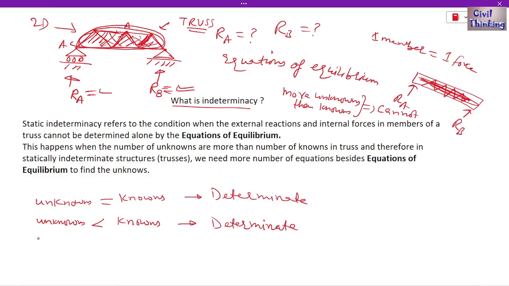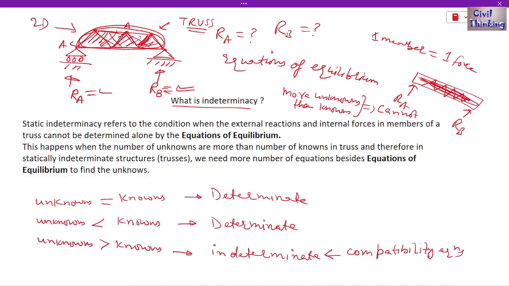Now when unknowns are more than knowns, for example the support reactions are more than the equations of equilibrium, the knowns being the equations of equilibrium or the joints, we cannot find the unknowns. Then the structure is indeterminate. So to find the unknowns, we need more equations than the equations of equilibrium. They are called compatibility equations.